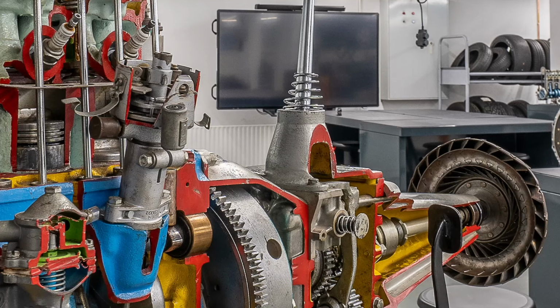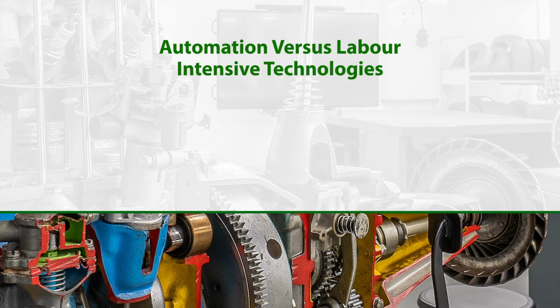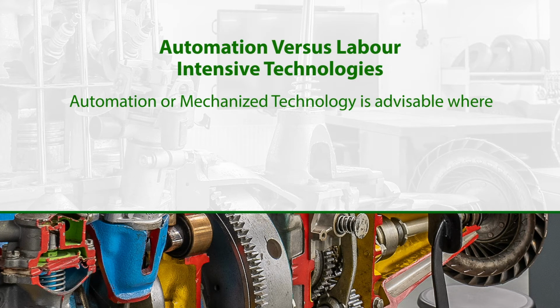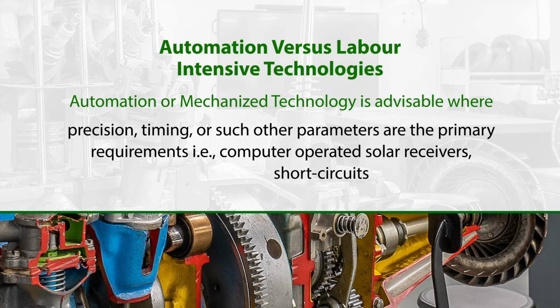The next category of technologies are automation versus labor intensive technology. Now let us see what are these automation and labor intensive technologies. Automation or mechanized technology, as we call it, is advisable where we require precision like a robotic arm and where there is need of exact and proper timing or any other such parameters where the primary requirement is precision.